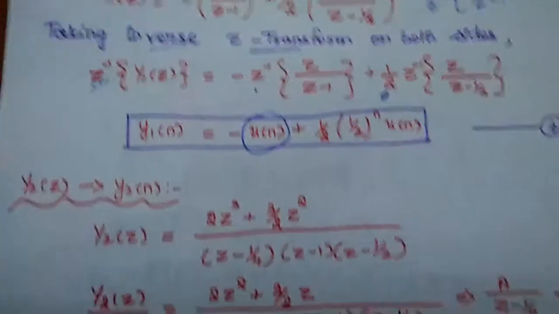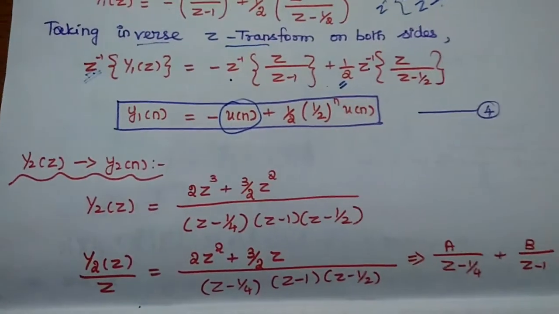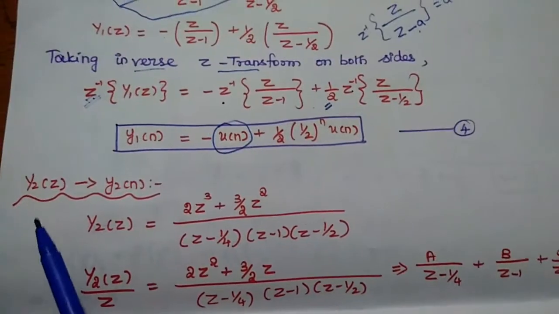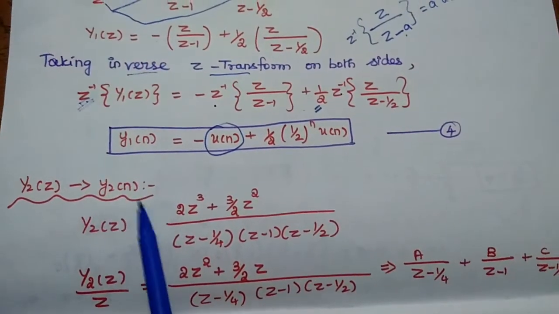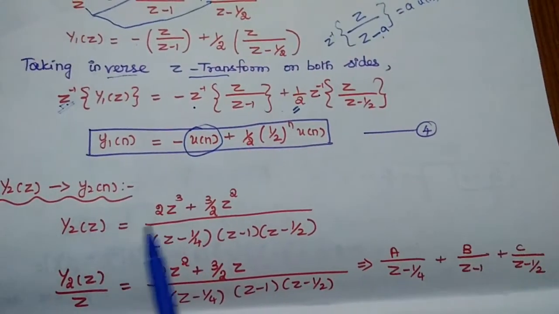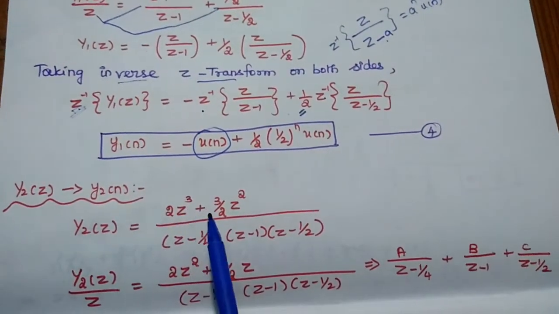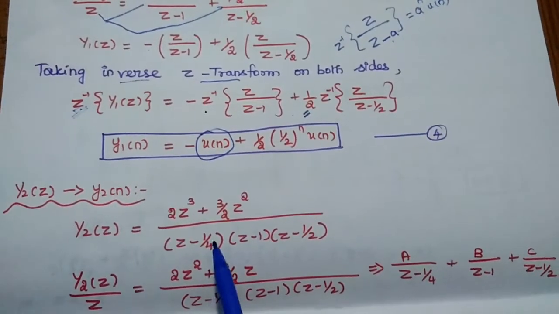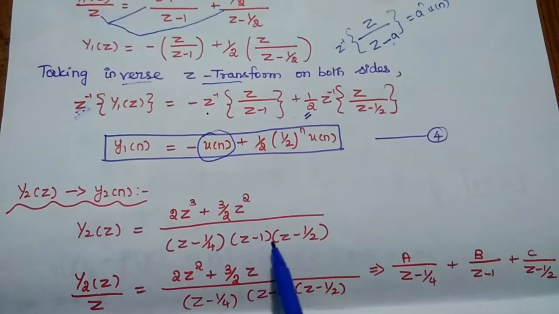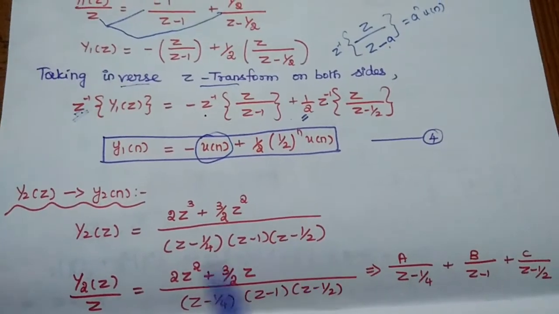So likewise we are going to obtain y2 of z. From this we are going to get y2 of n. So y2 of z is equal to 2z power 3 plus 3/2 z power 2 divided by (z minus 1/4) into (z minus 1) into (z minus 1/2).